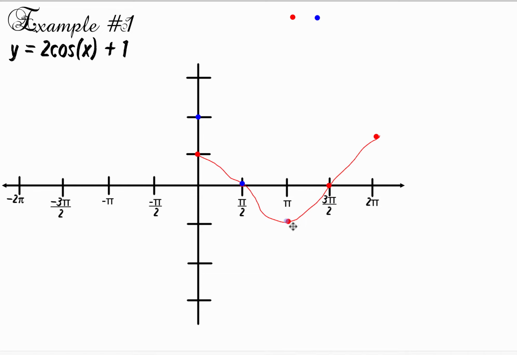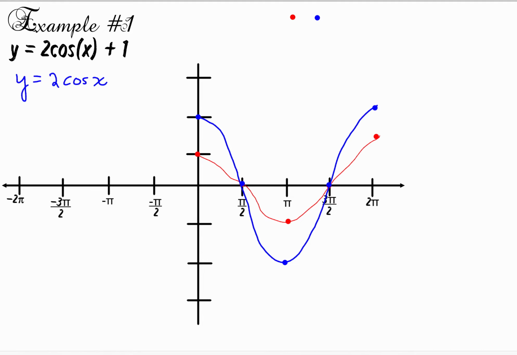When I double -1, I go down to -2. Double 0, I'm still at 0. And I double 1, I'm up here at 2. So what I just drew there was y equals 2 cosine x.